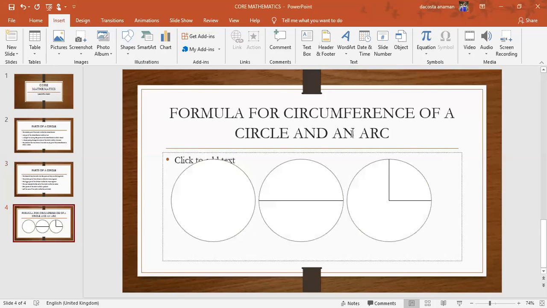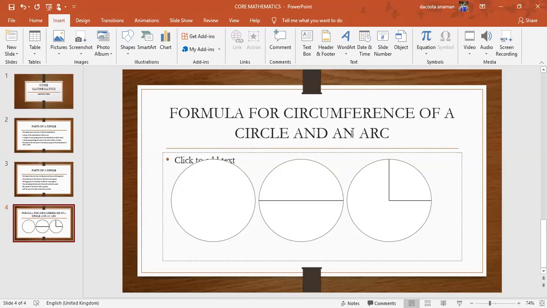So first we take the perimeter of a circle. Now I hope you know perimeters and areas, right? They are from JHS. Perimeter of a rectangle, area of a rectangle, perimeter of a square, area of a square. It's the same thing here.